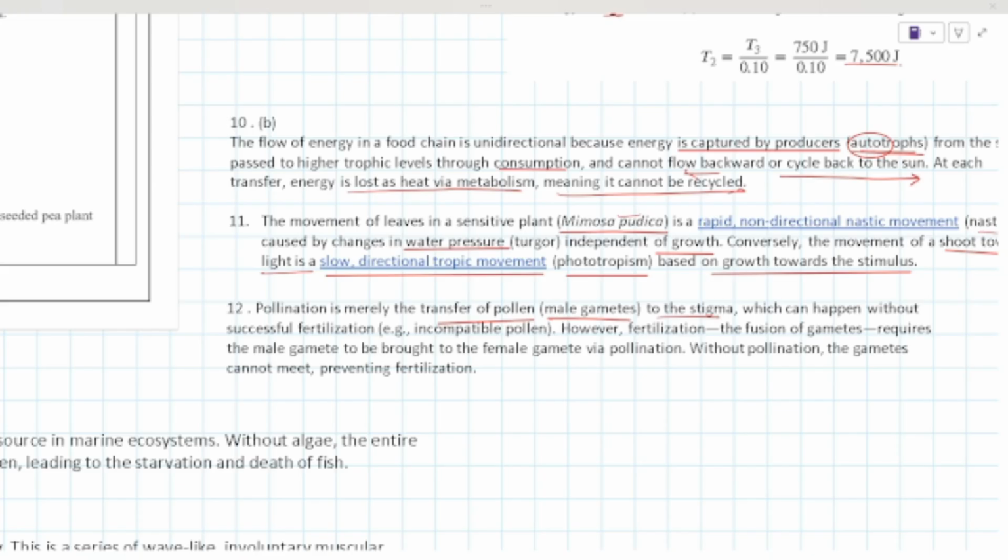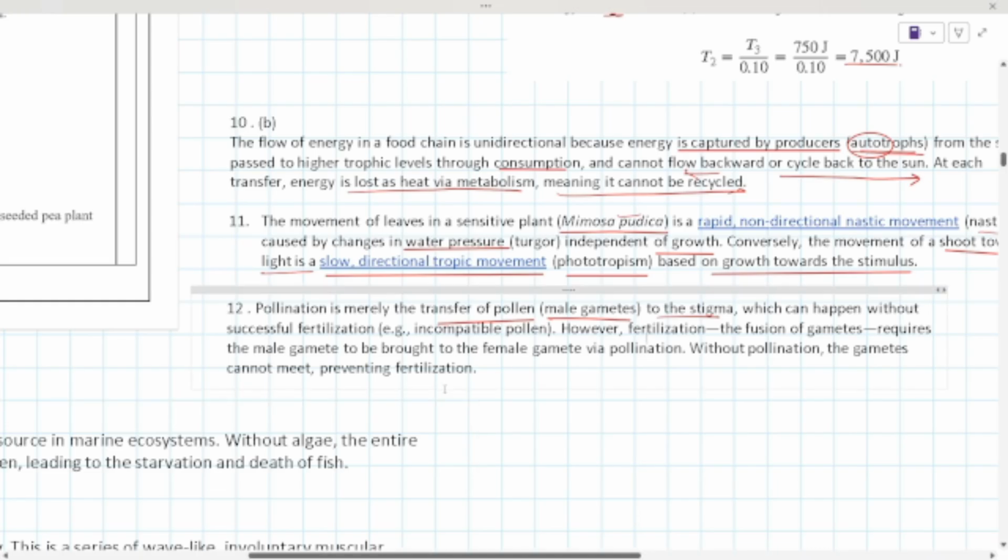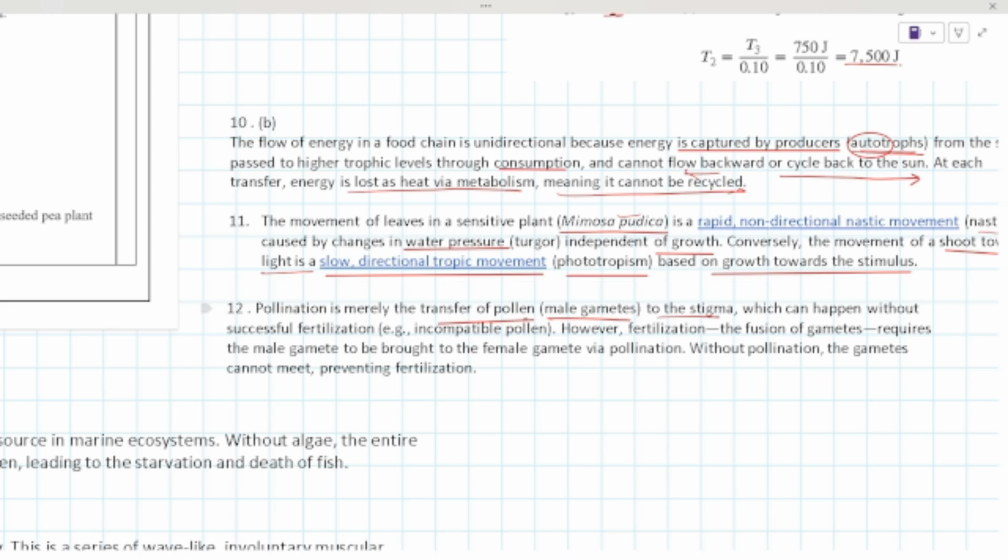Yes, sorry. So let's continue. It says that pollination is merely the transfer of pollen, that is male gametes, to the stigma, which can happen without successful fertilization, right? That is incompatible pollen.